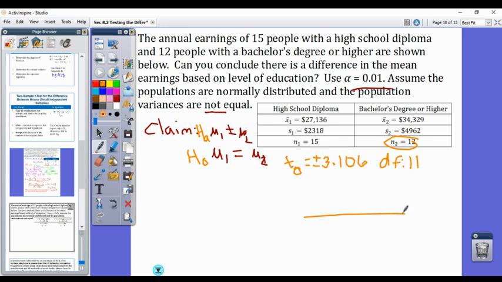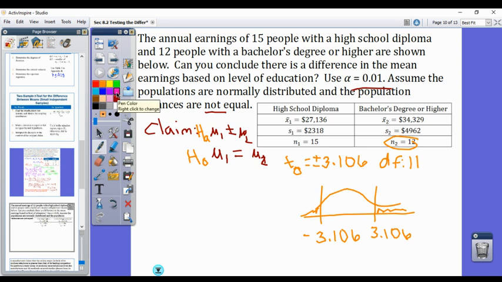So if I draw my little bell curve here, we have a rejection region of less than negative 3.106 and greater than positive 3.106. And again, this was a two-tailed test. I'm not sure if I mentioned that before.